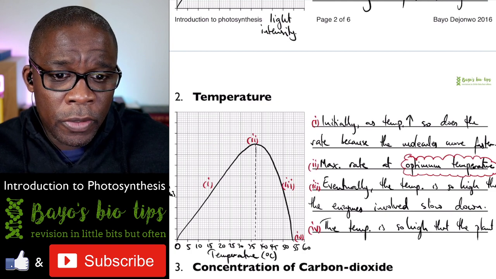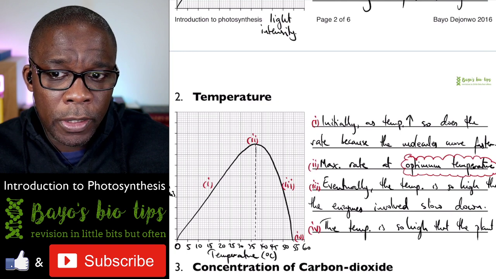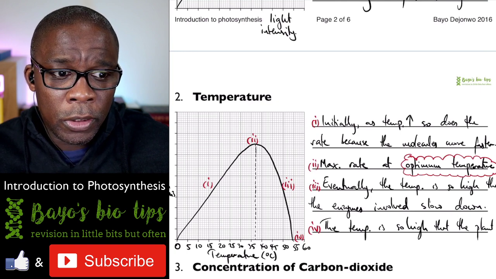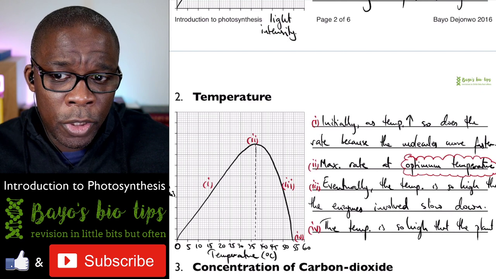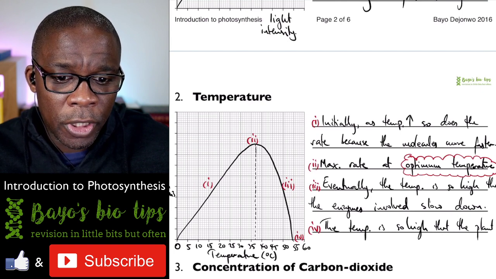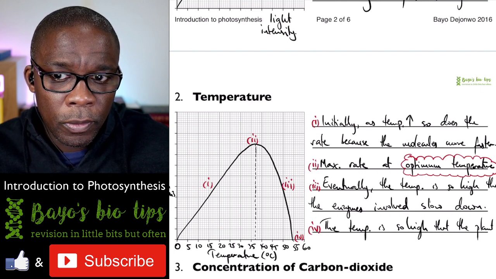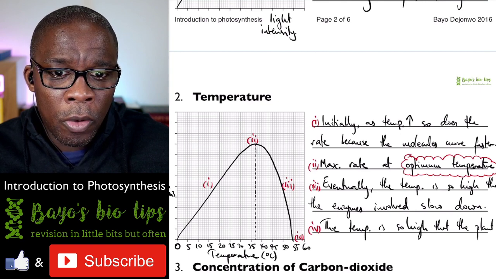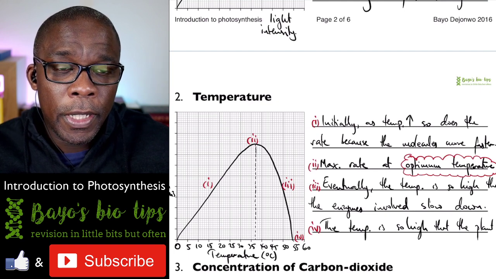In the second phase of this graph, you can see that we've reached the maximum rate of photosynthesis. This is described as the point at which you have the optimum temperature. What's the optimum temperature of plants in general? I'll give you a second to think about that question. Well, it was a trick question.